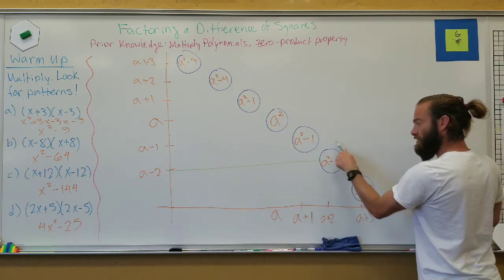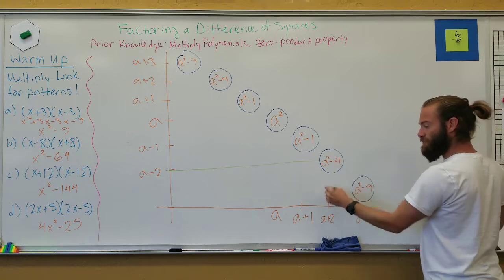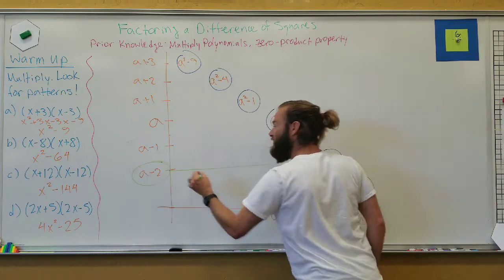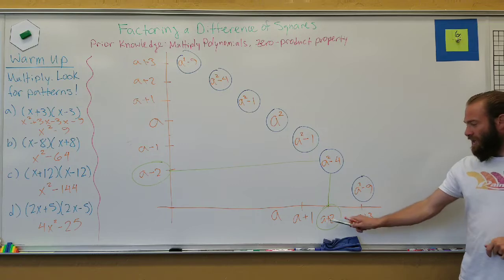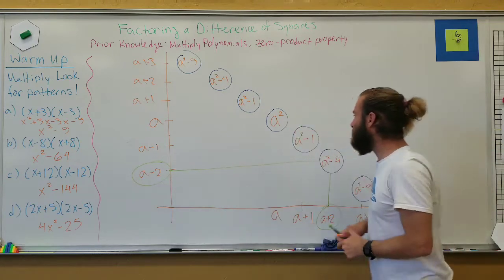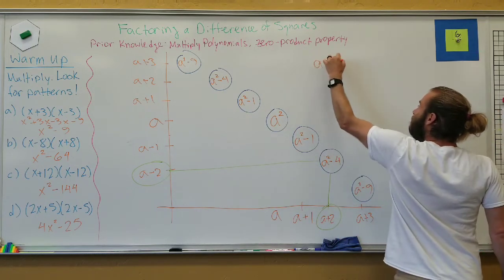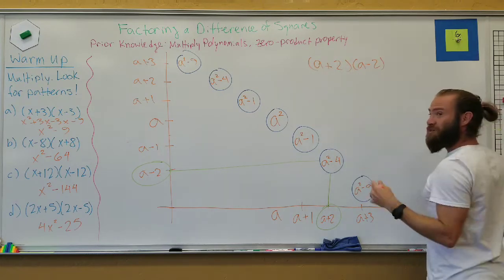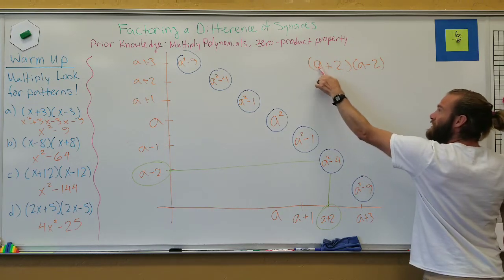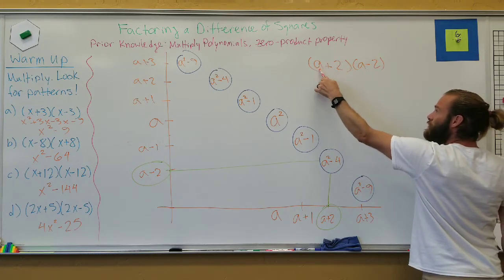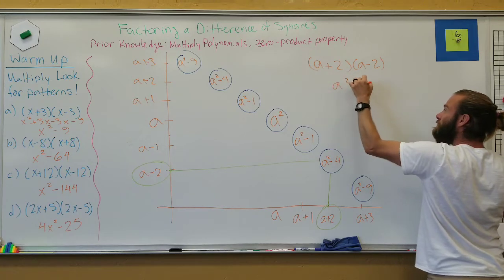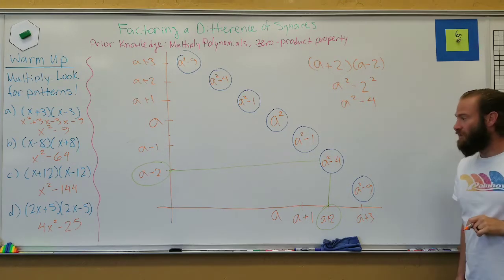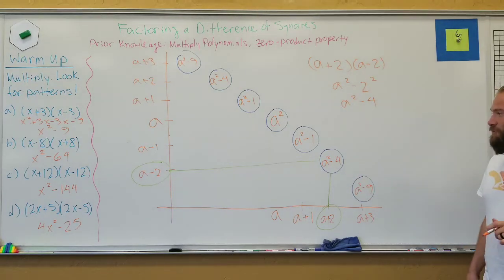This part of the multiplication table is the product of this guy and this guy. Well, a plus 2 times a minus 2, if we just apply that pattern, if we take this thing squared minus that squared, we get a squared minus 2 squared, which is a squared minus 4. And that's exactly what we get if we multiply it out.